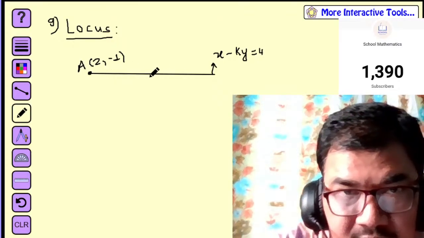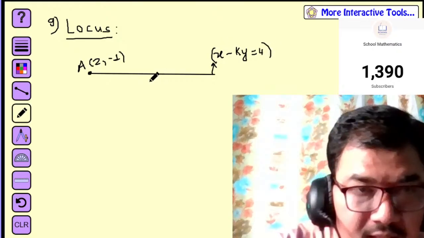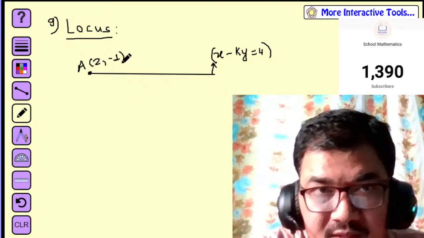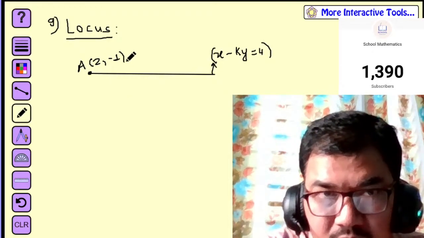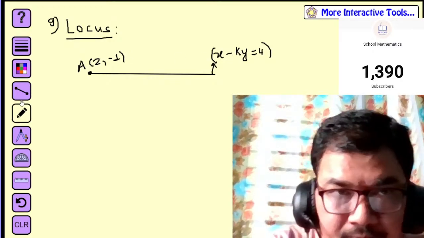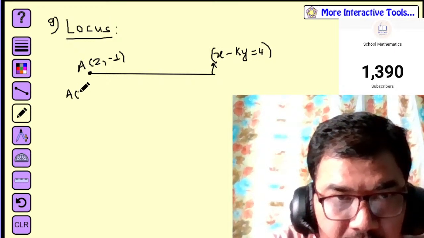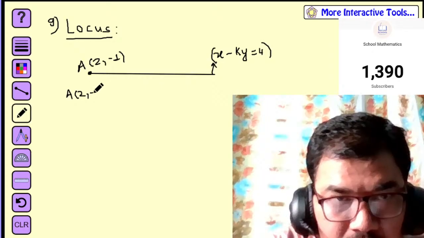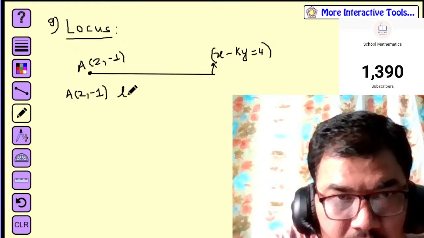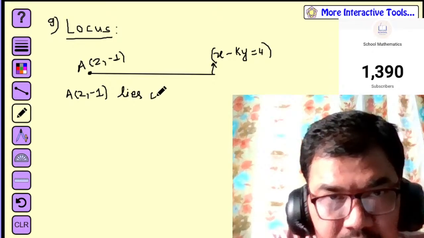When it moved this side, this locus is made, right? What does it mean? It means that when we put this point on this locus, it satisfies. That means a, 2 comma minus 1, lies on the locus.